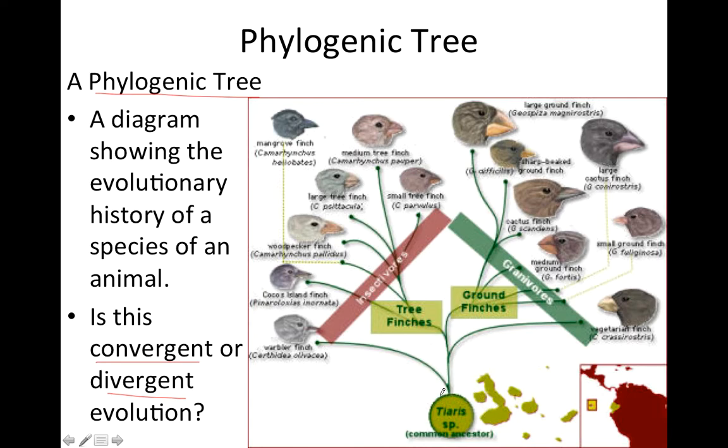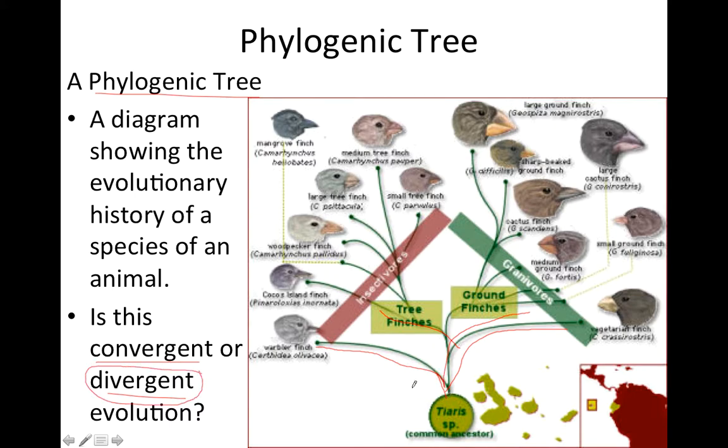We're starting with one ancestor, going up into a group, and we're splitting off into the same type of bird, but they have different characteristics, which means if they're coming from the same ancestor, this is going to be divergent evolution.